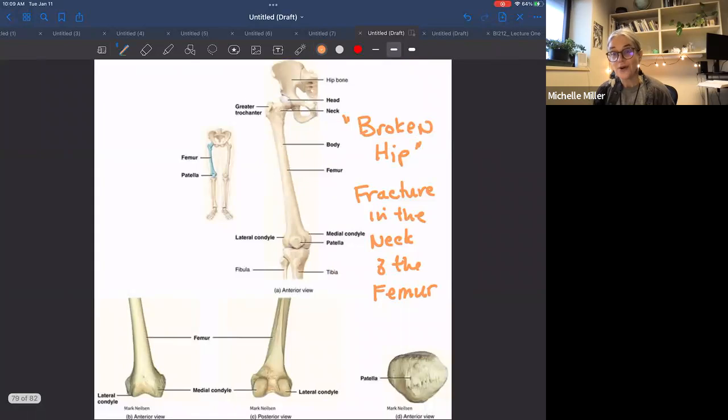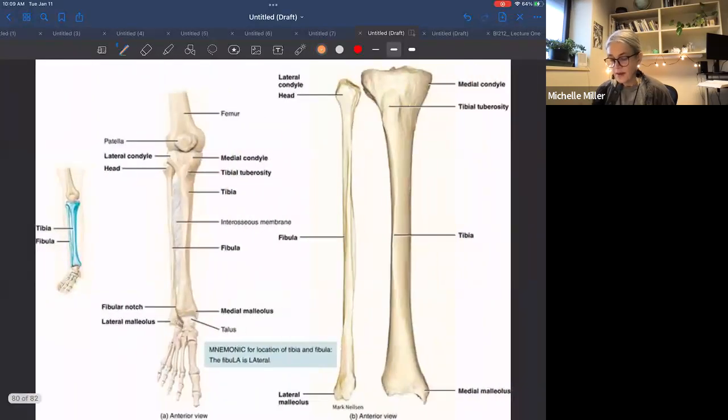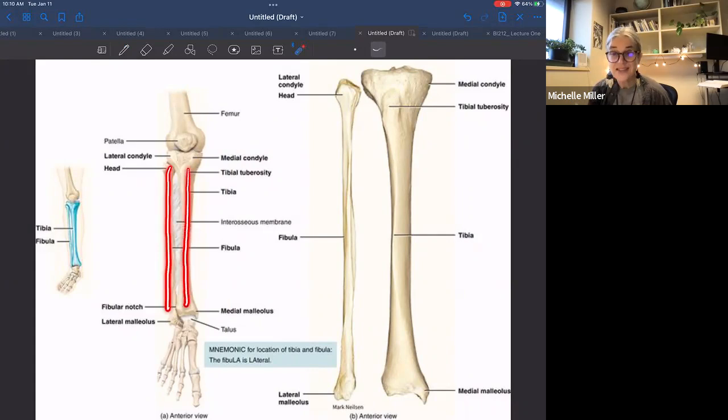So let's look at another image of this. So this is my fibula right here. And this is my tibia, very similar to the radius and the ulna. Now you might ask, well, which side is lateral? That would be the side of your pinky toe, and this would be your hallux or your big toe.